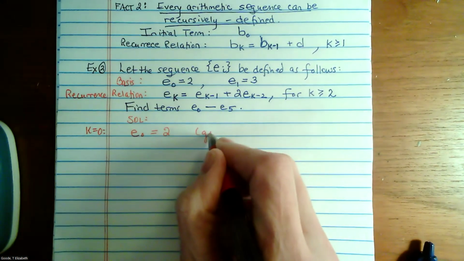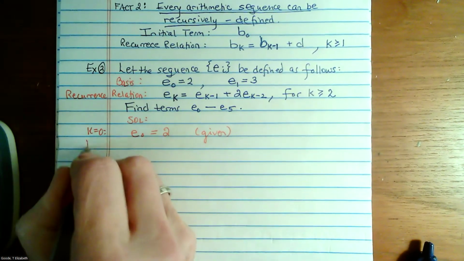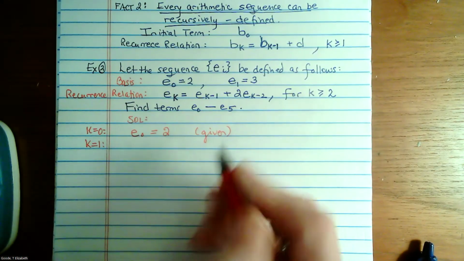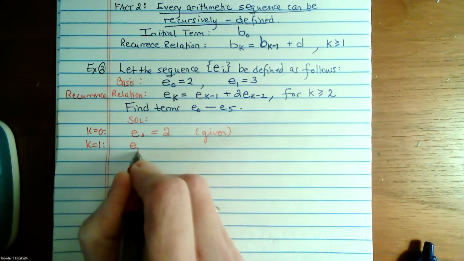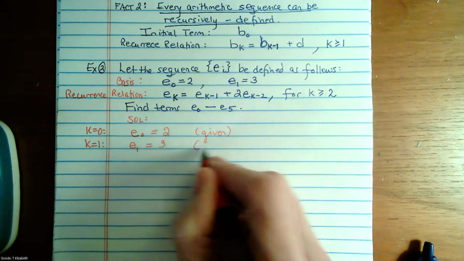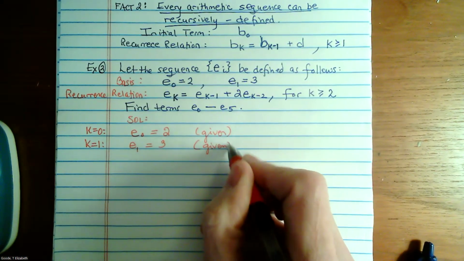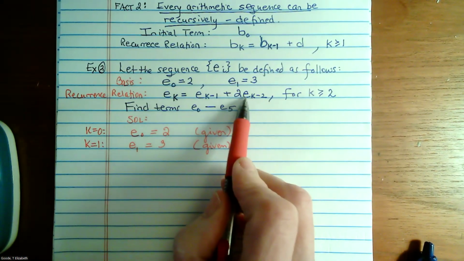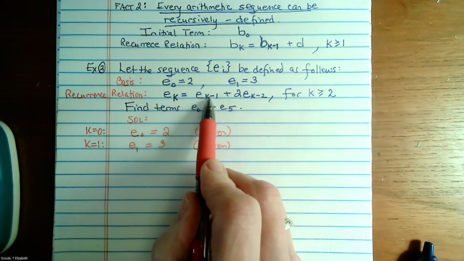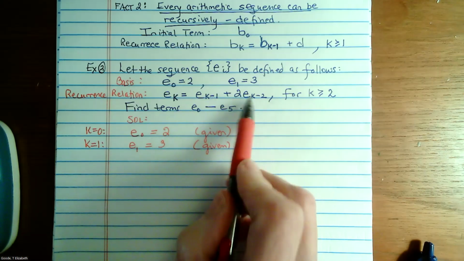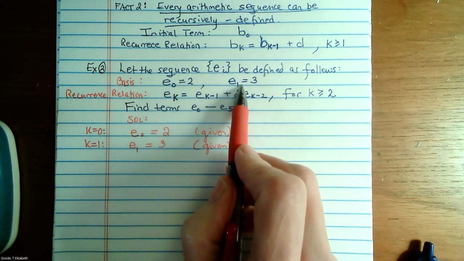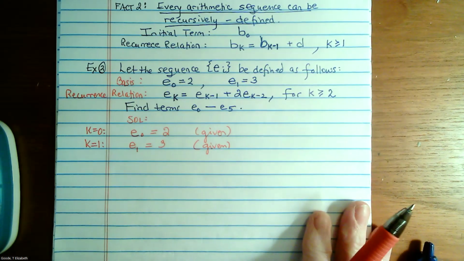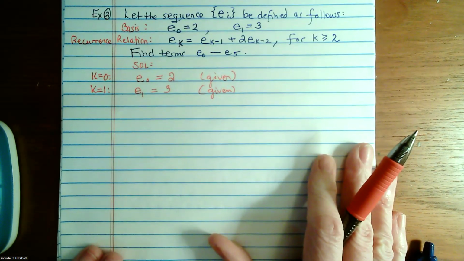That's given. So we can just write that down. And in fact, it's true for k equals 1 as well. We're told E1 is just 3. You see, when the recurrence relation depends on 2 prior terms, then we have to be given 2 terms to initialize the whole definition. Does that make sense?